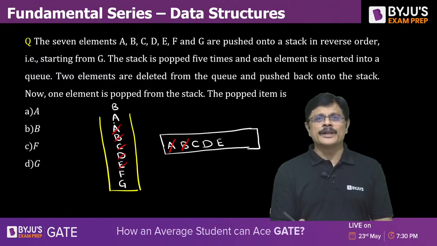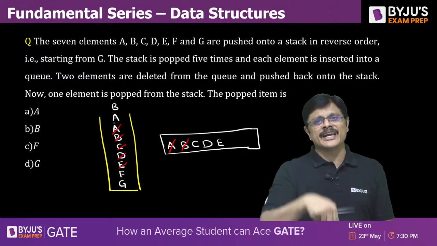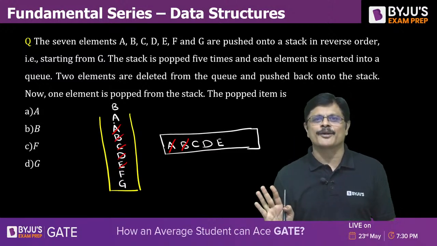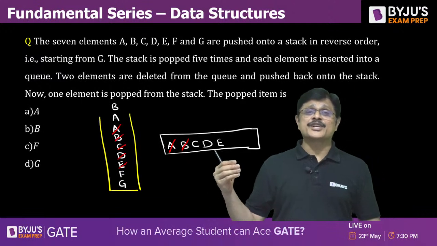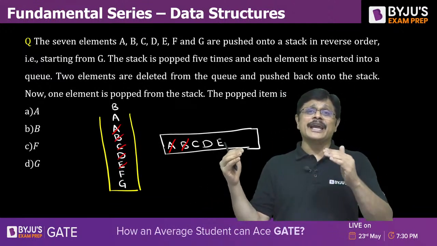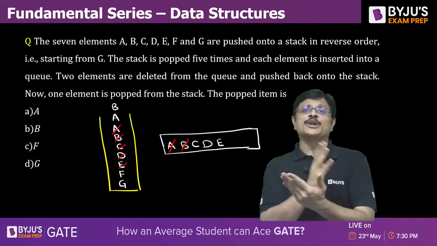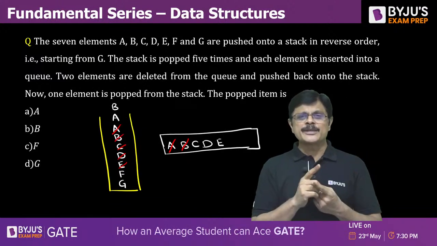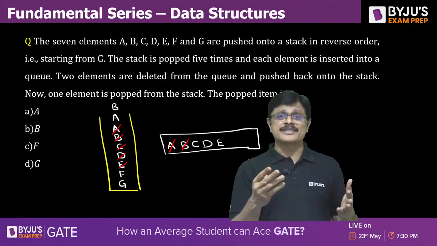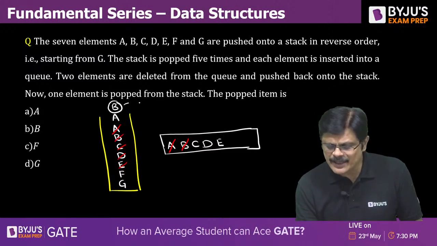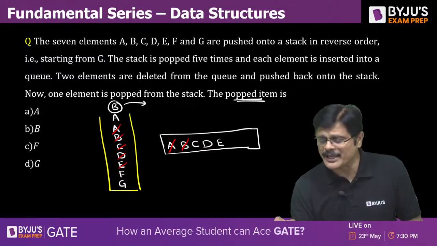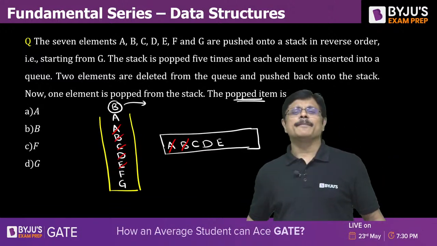See what people do: they remove A, B, and put B and A in the stack. That will create a lot of trouble. Here also they remove A, B, C, D, E, and instead of enqueuing A, B, C, D, E in that order, they may enqueue in the reverse order. When you make this type of mistake, you get different answers. So please be careful. Once you pop out one element from this, what is that popped item, my dear friends? The answer is simply E.